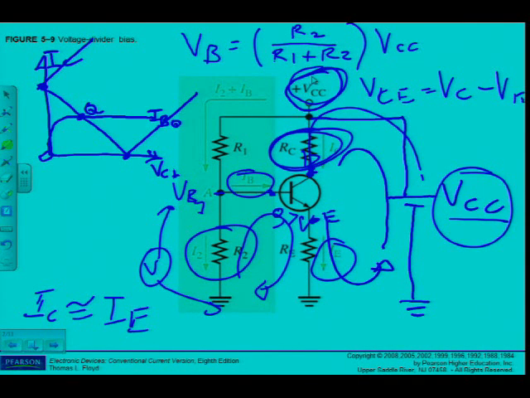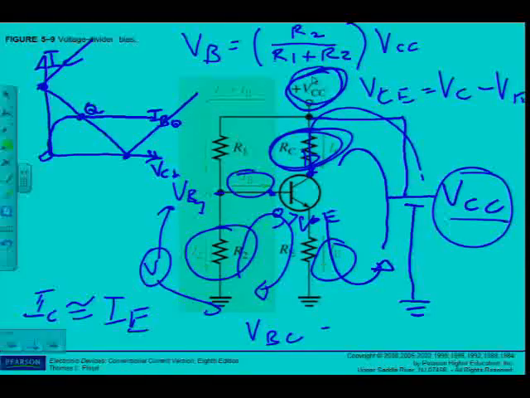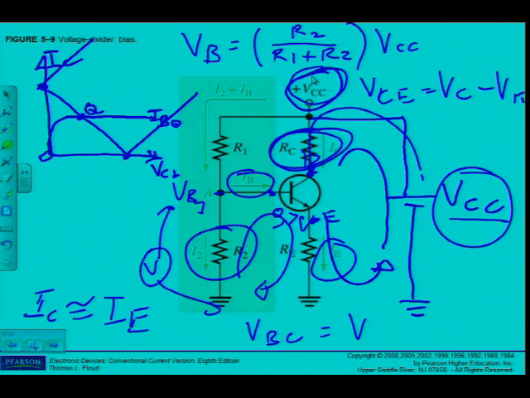What is VBC going to be, for instance? Let's have a look at that one. VBC, the base collector junction, we know should be reverse biased, right? So VBC, I read from left to right, is going to be VB minus VC. Is this going to be a positive or a negative voltage? What is the size of VB? It's going to be smaller than VC.